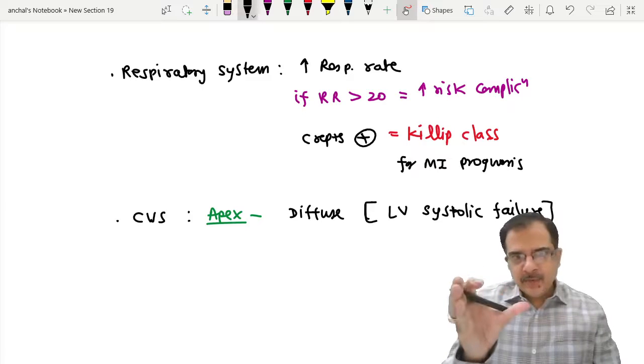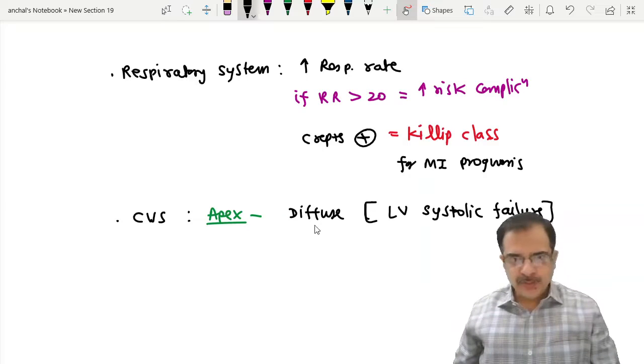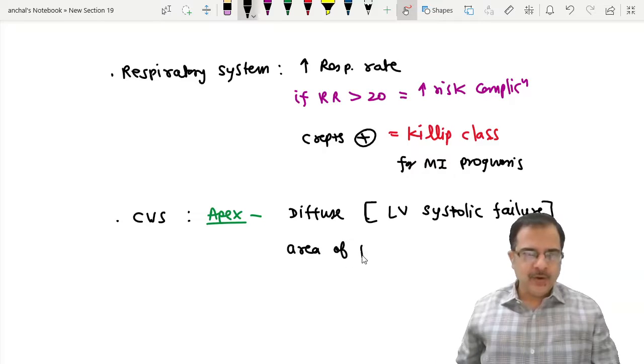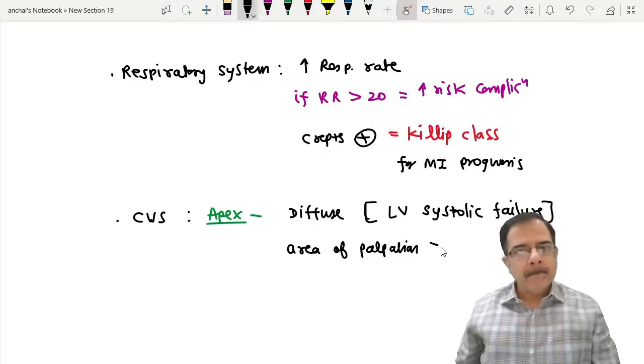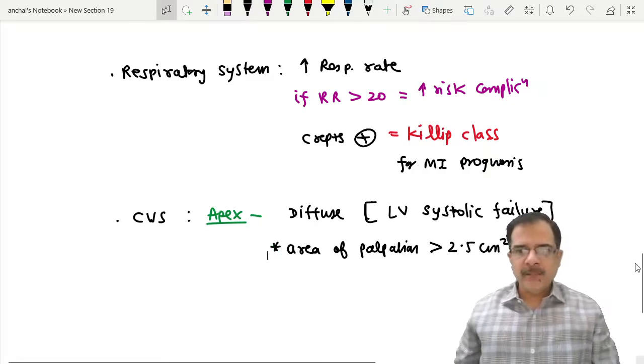The apex becomes diffuse due to weak left ventricle contractions. Diffuse means the area of palpation is more than 2.5 centimeter square.